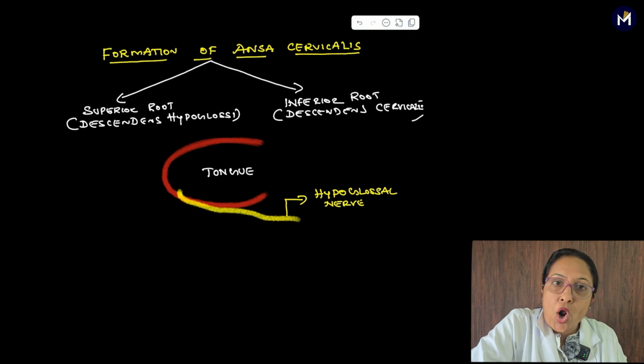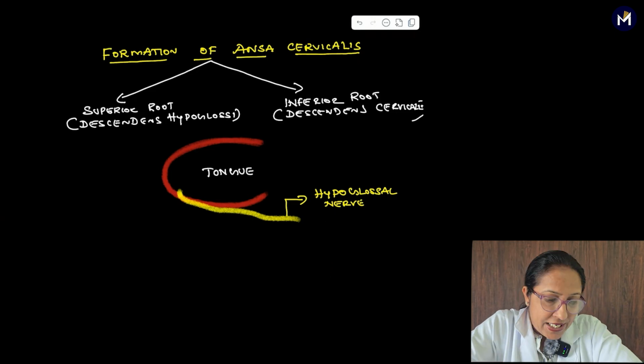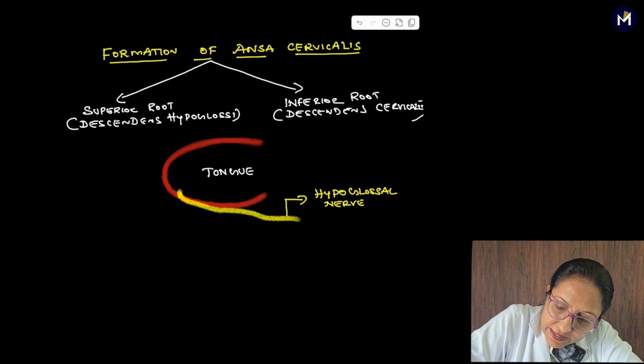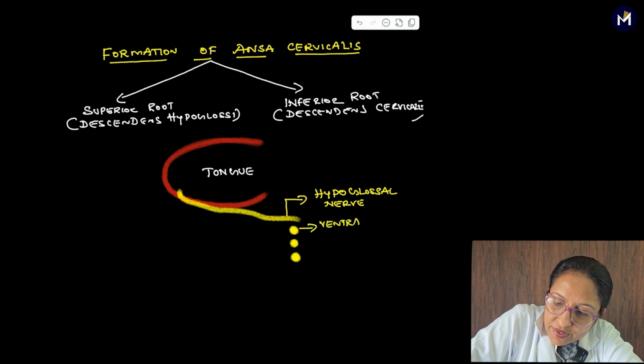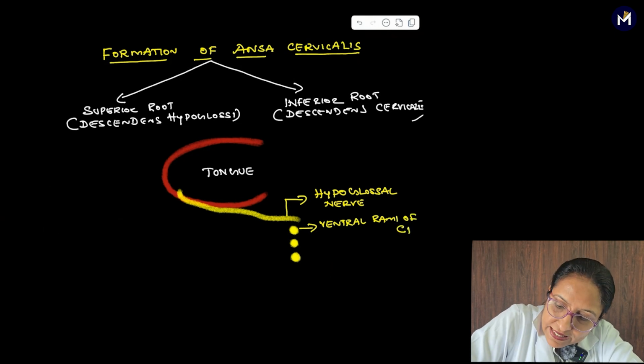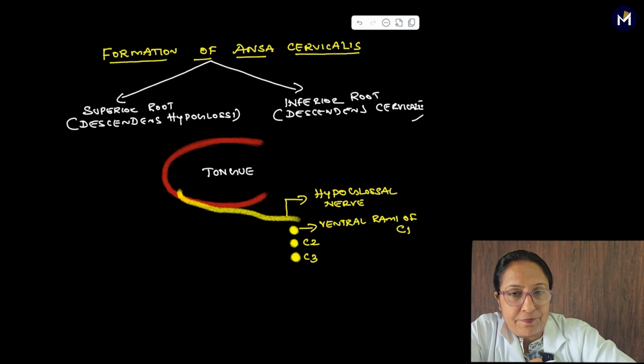Next, draw three ventral rami, that is C1, C2 and C3. So, label this as ventral rami of C1, this is C2 and this is C3.